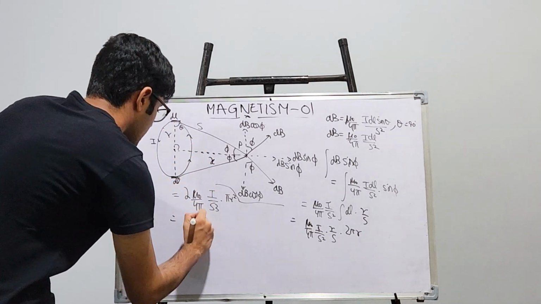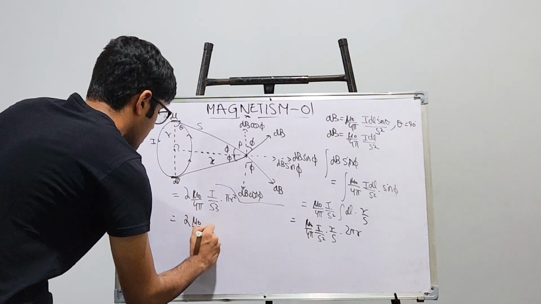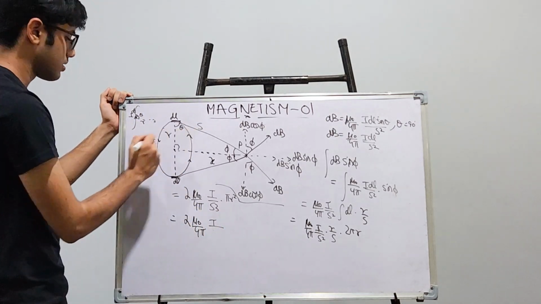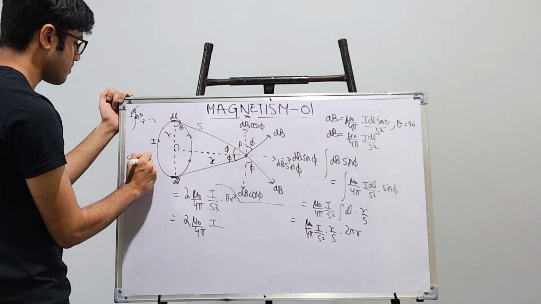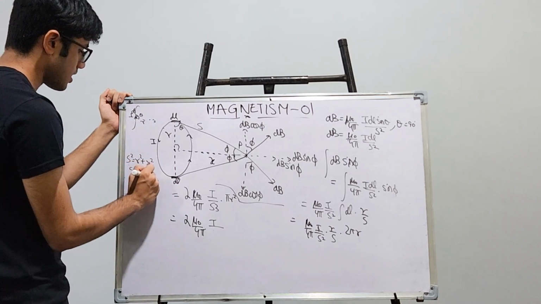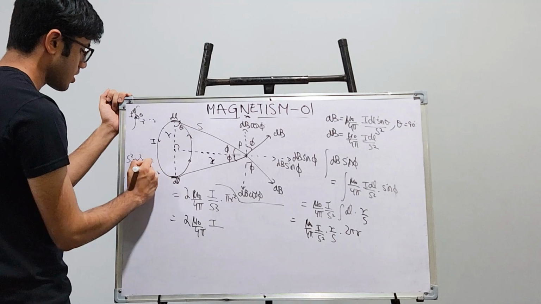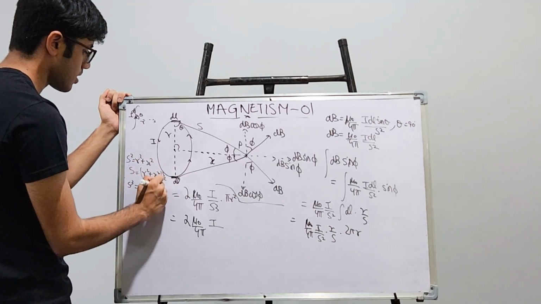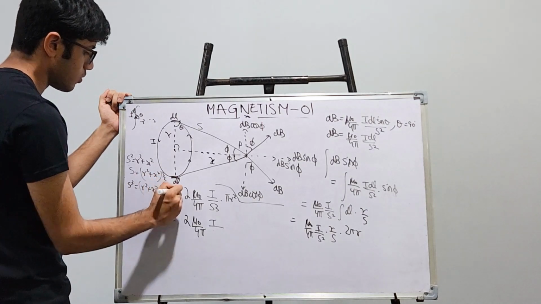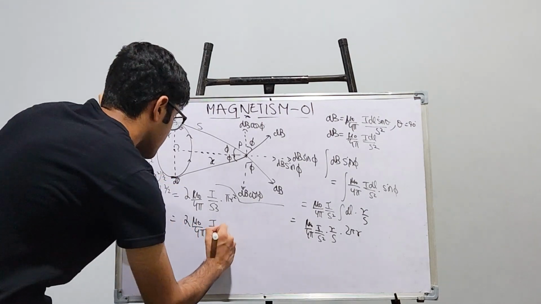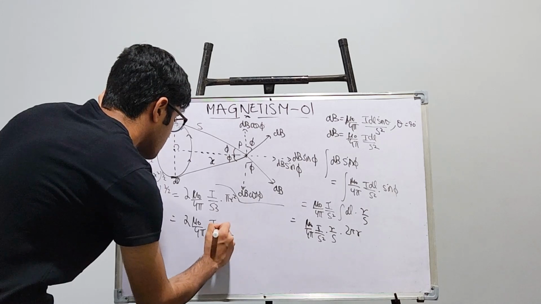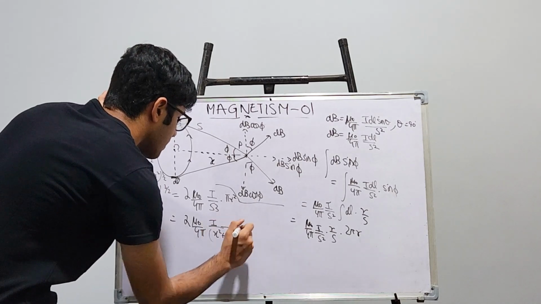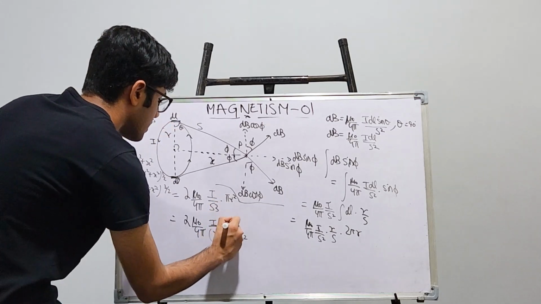Now s, by Pythagoras theorem, s squared is r squared plus x squared, so s is r squared plus x squared whole to the power 1 by 2, and s cube would be r squared plus x squared whole to the power 3 by 2. So replacing this, we get x squared plus r squared whole to the power 3 by 2, and I into pi r squared is the area.